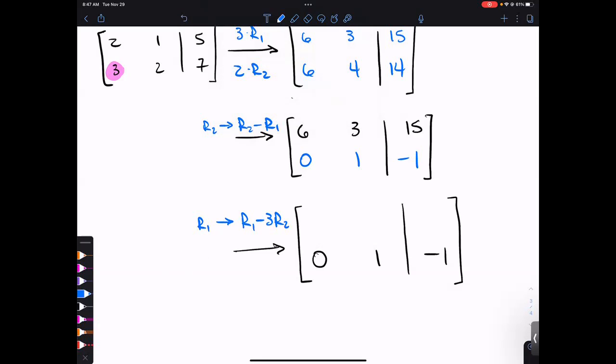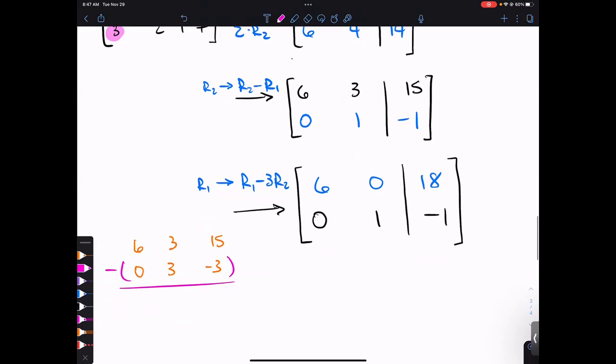So 6 minus 0, 3 minus 3, and 15 minus -3. Again, that's row 1, 6, 3, 15, minus 3 times row 2. So 0, 3, -3, and we're subtracting. All right, so that's where I got 6 and 0 and 18 from.